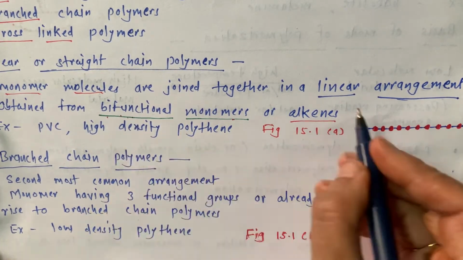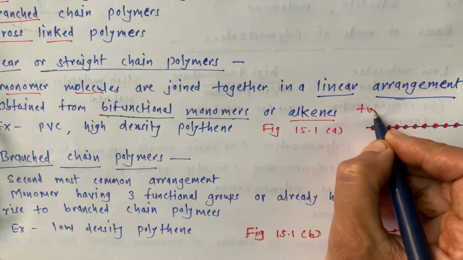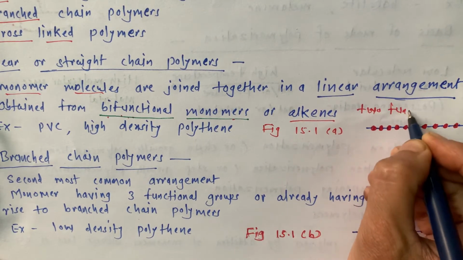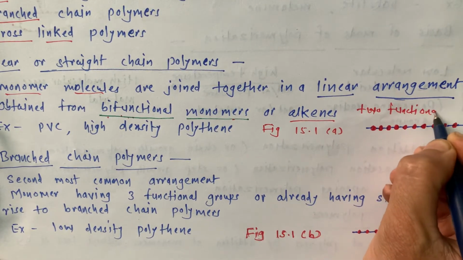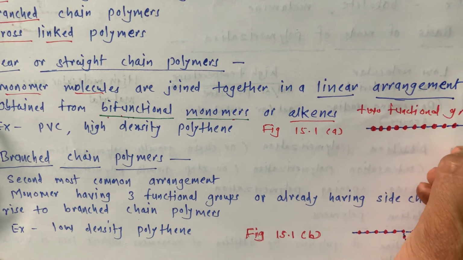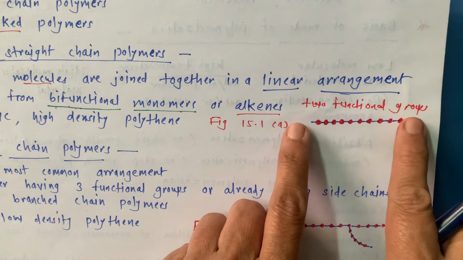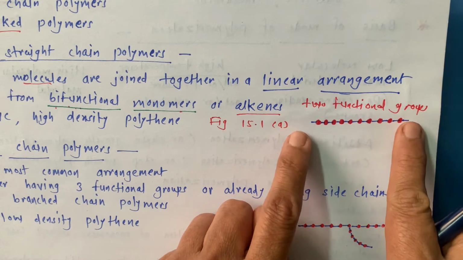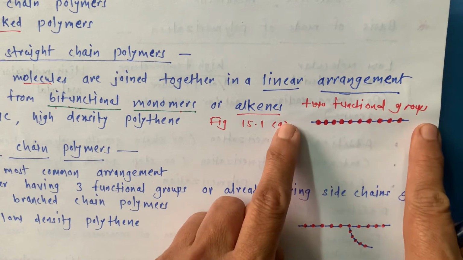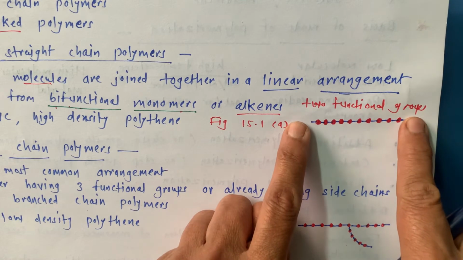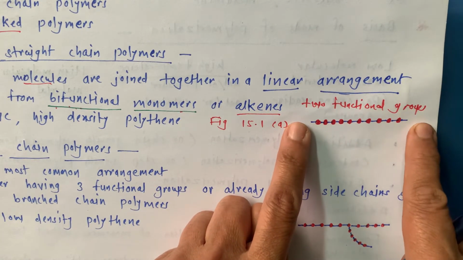Bifunctional means there are two functional groups, and if they are at the ends, they are ready to form a long straight chain.